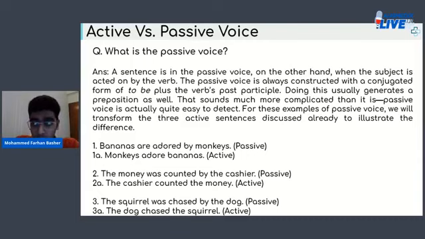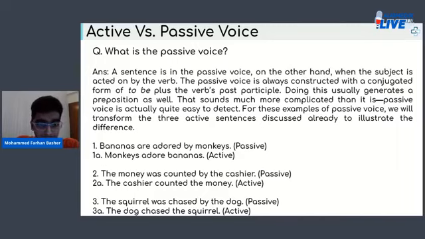You want to focus more on the dog here, not what it chased. But if you want to focus on the squirrel and not the dog, you change the voice of the sentence from active to passive, and it becomes the squirrel was chased by the dog.